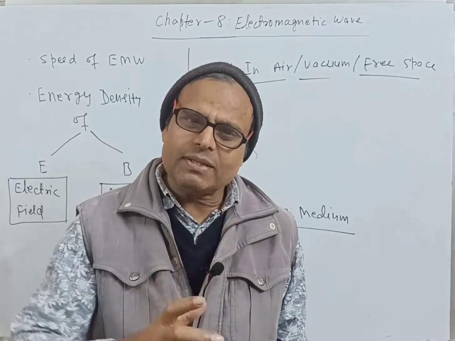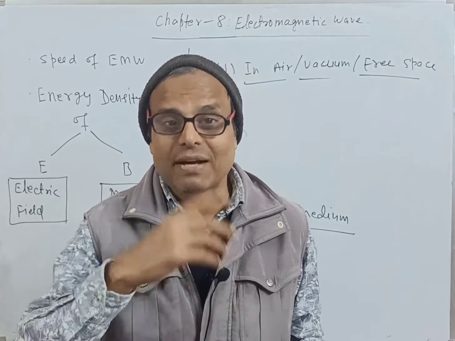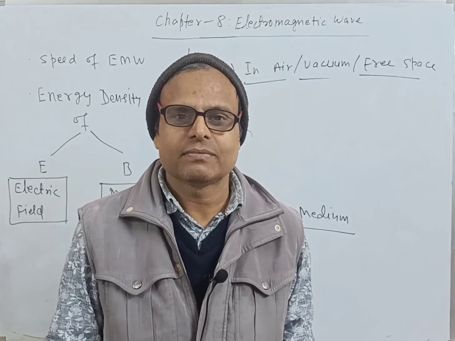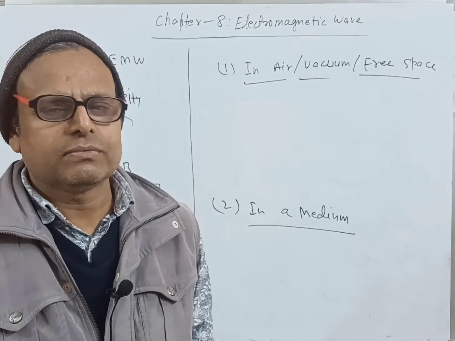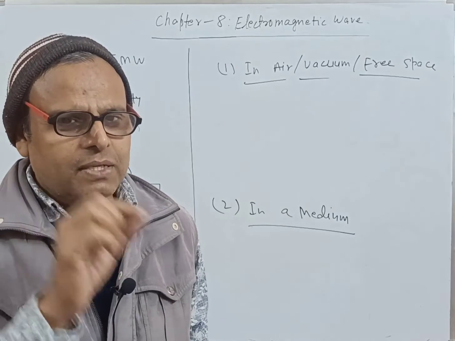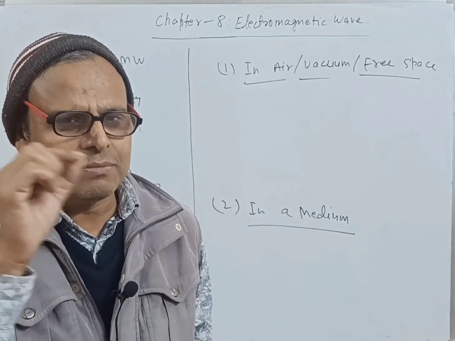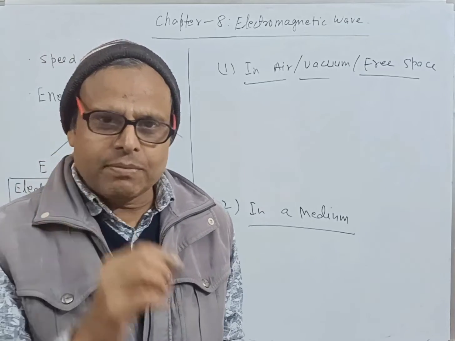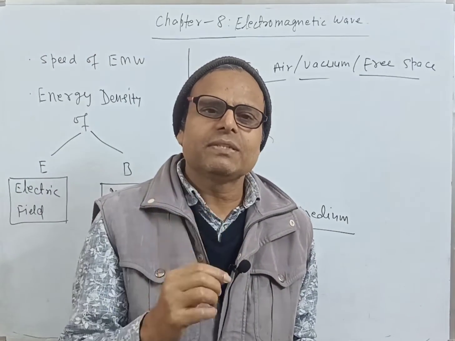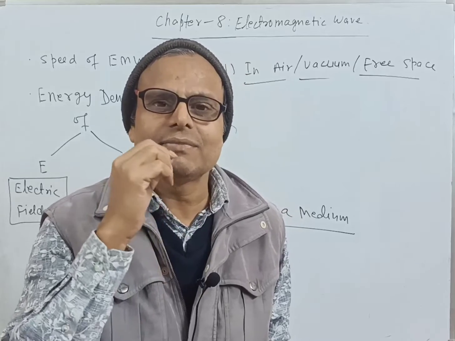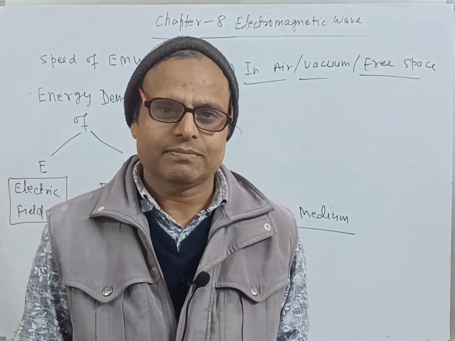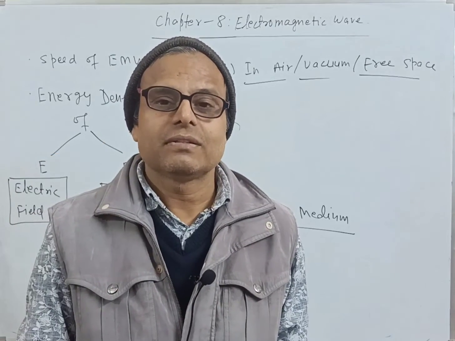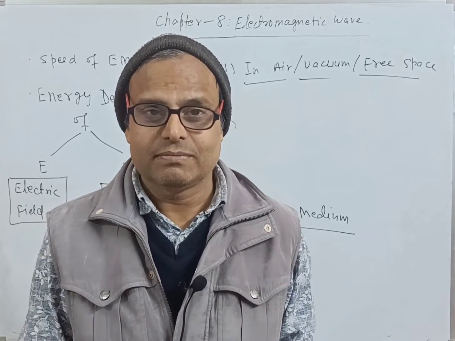So electric property and magnetic property define the speed of light. I think you know very well about permittivity of free space and permeability of free space. Permittivity defines the electric property of the medium, and permeability defines the magnetic property of the medium.